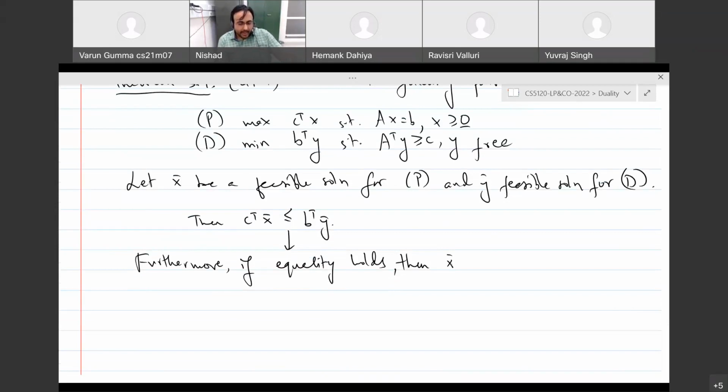Well, it is also similar to another question about matchings and vertex covers. What I asked you in one of the problems was to show that the size of any matching is upper bounded by the size of any vertex cover. And I had asked you specifically, what can you conclude if for some matching and vertex cover, the cardinalities are equal?